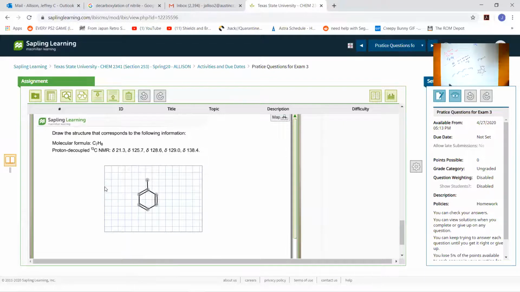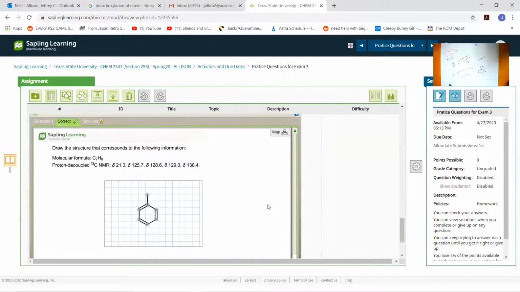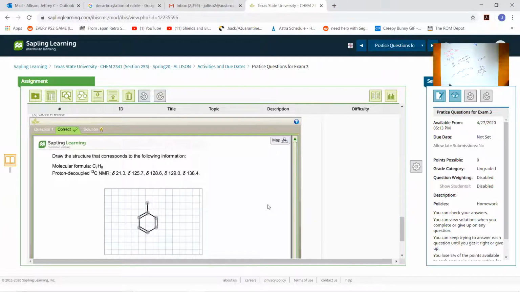If you get a question in this manner, look carefully at the symmetry in the compound. I know there's questions in the Sapling homework that deal with some 2D NMR information and something called DEPT experiments. Don't worry about those. I'm not going to have questions on those on this exam.